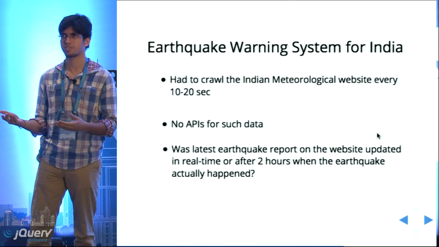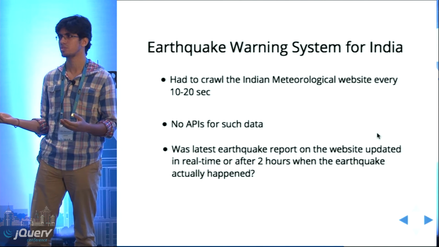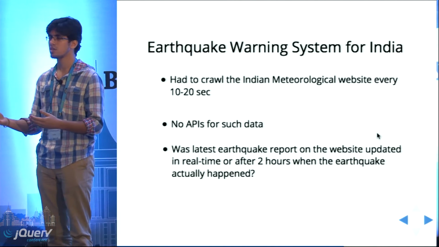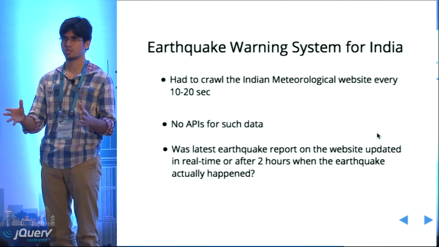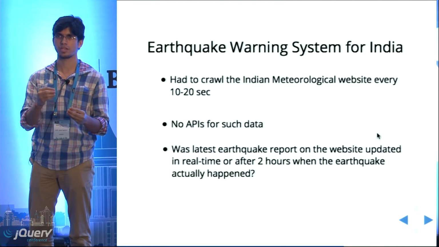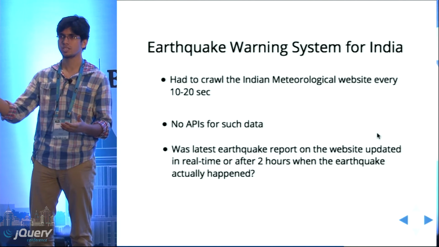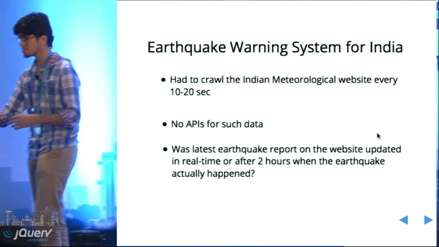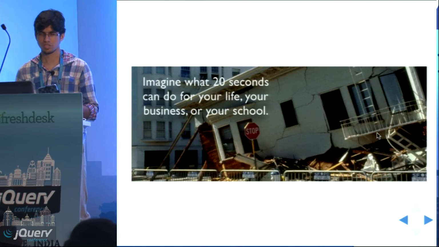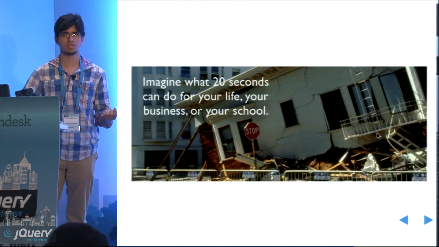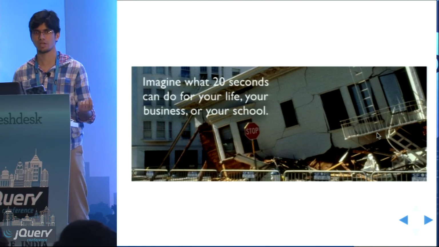If it gets updated at 8 p.m., then that data is of no use. So I had to build a whole system from a circuit point of view, the whole device which senses the earthquake and sends the data in real time, because every second matters in a drastic event like an earthquake or tsunami.